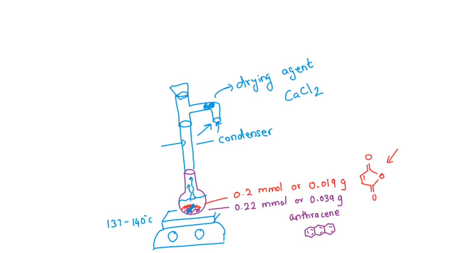If you create extra pressure inside the flask, the pressure will leak out this way, right? As calcium chloride is not a stopper, it's just tiny beads, you still have a way for pressure to go out and air to get in, right? On the top you can put a thermometer to measure your temperature.